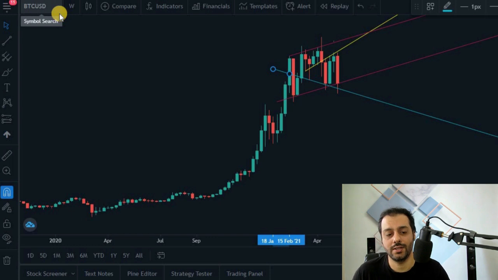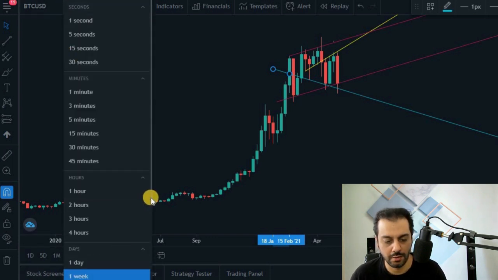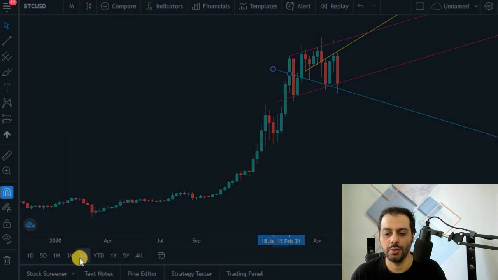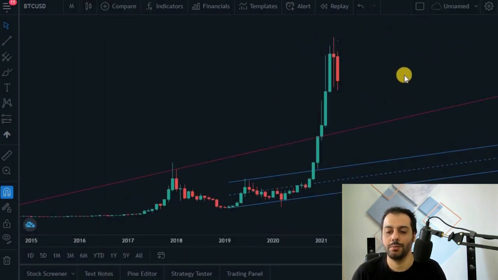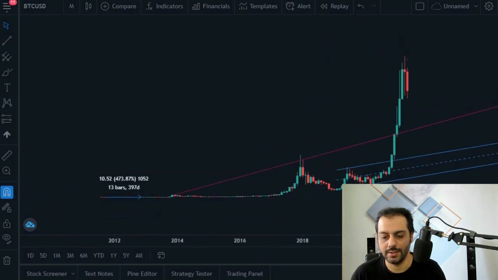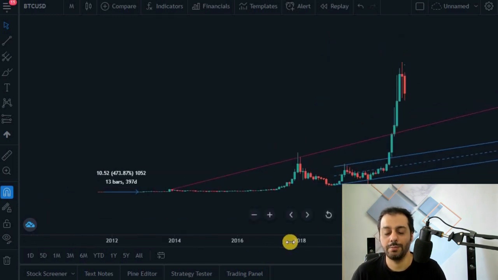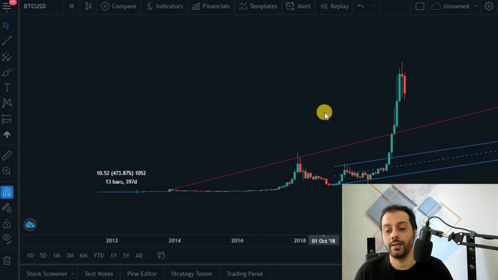Let's see. For considering that scenario, we need to go to the monthly chart, because we need to see that in a bigger picture. And in the monthly chart, as you can see, there is a huge difference between the previous data, the data from 2018, 2017, and the current data.